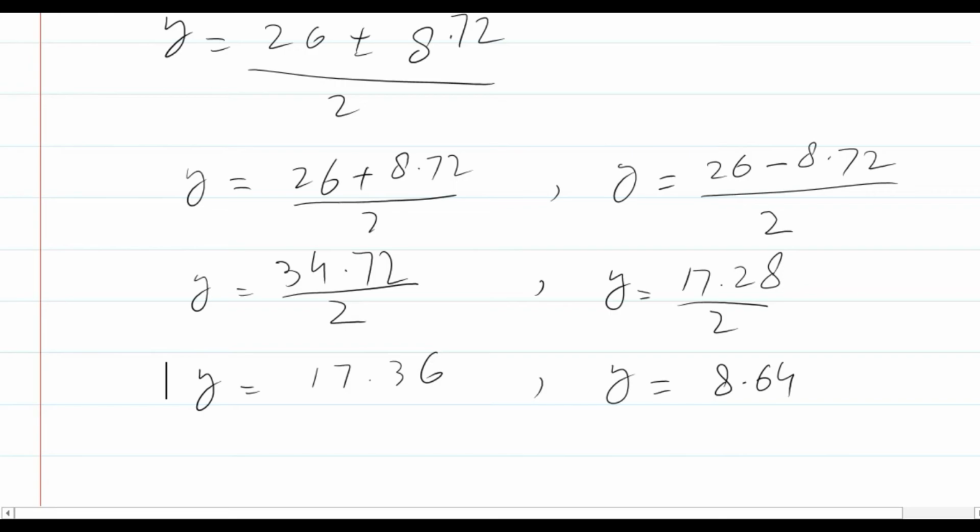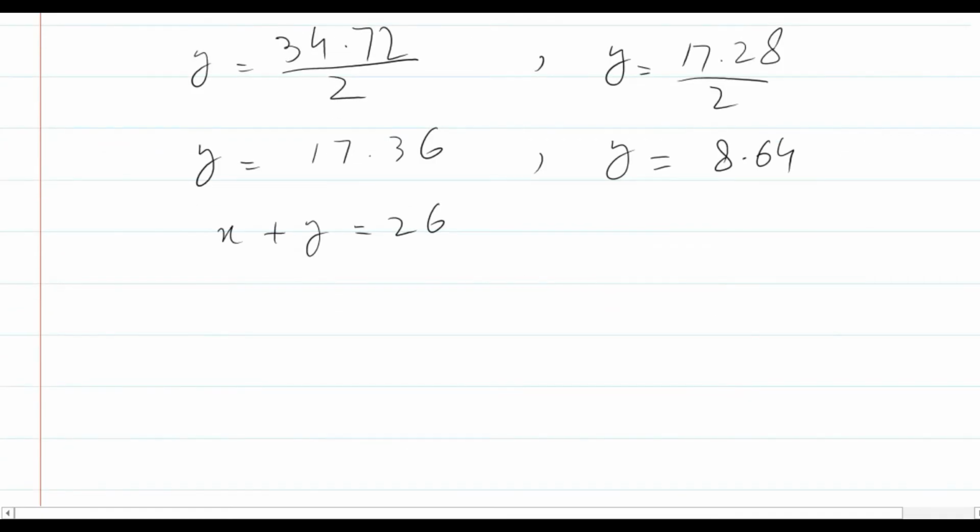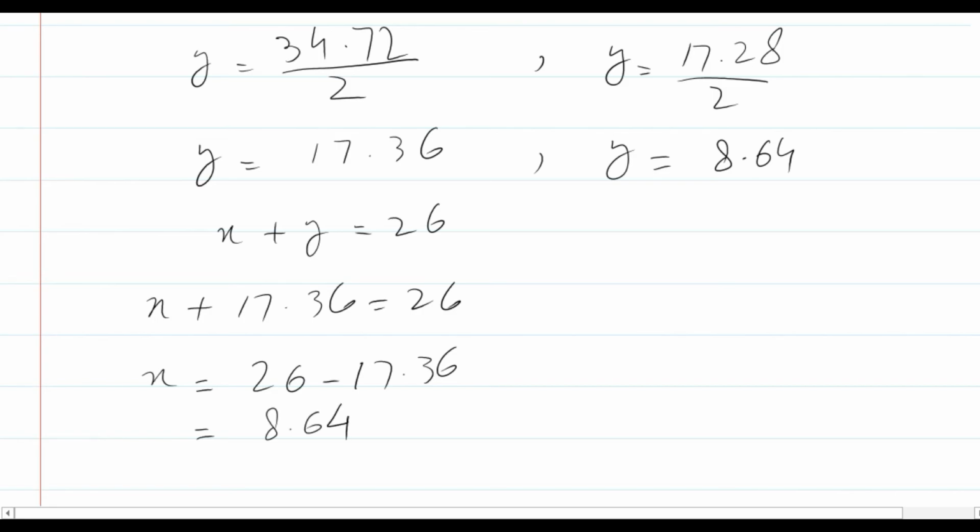Equation 1 is x plus y equal to 26. When y is 17.36, this equation will become x plus 17.36 equal to 26, and x will be 26 minus 17.36, and you will get the answer 8.64. This is the value of x.